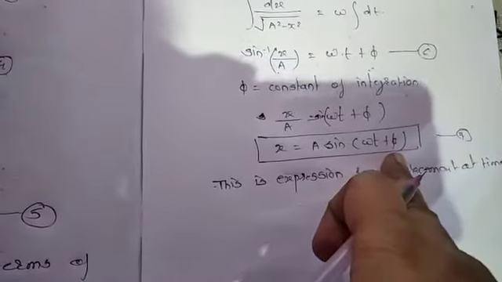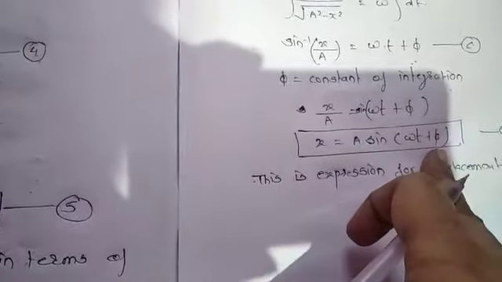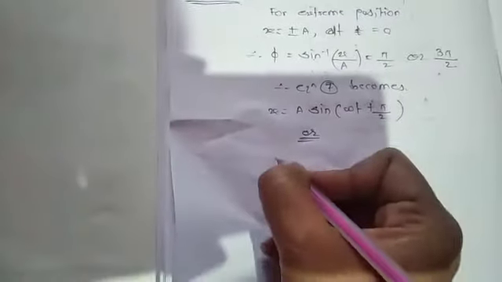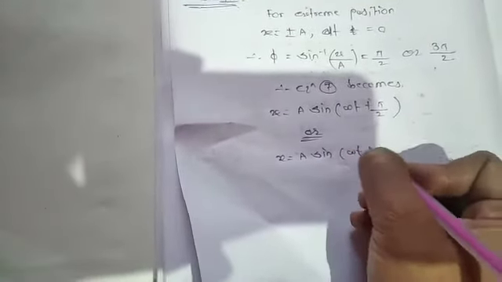Putting phi is equal to pi by 2, we have x is equal to a sine of omega t plus pi by 2, or it is 3 pi by 2, x is equal to a sine of omega t plus 3 pi by 2.